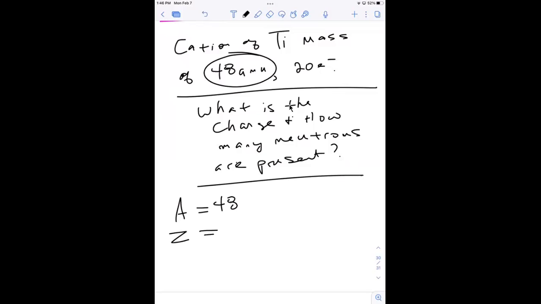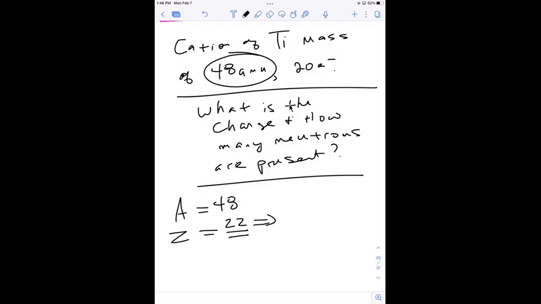For titanium, it's a transition metal in the middle of the periodic table, and the symbol is Ti. 22. Good.